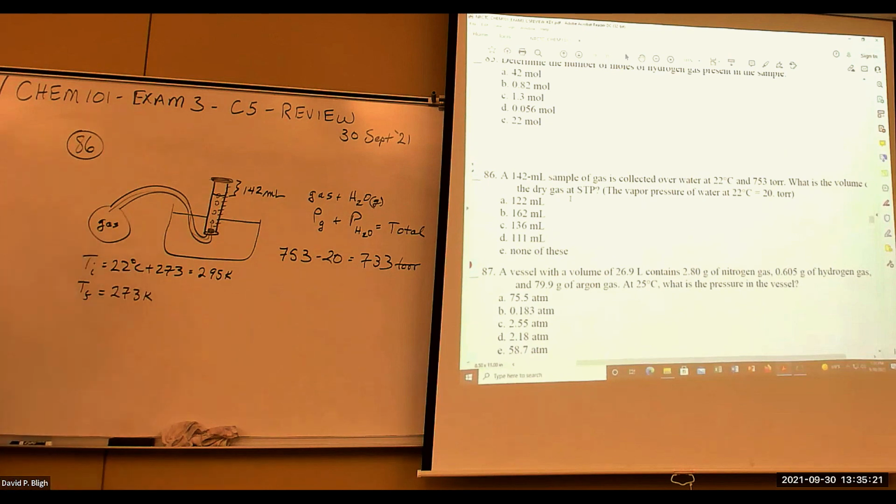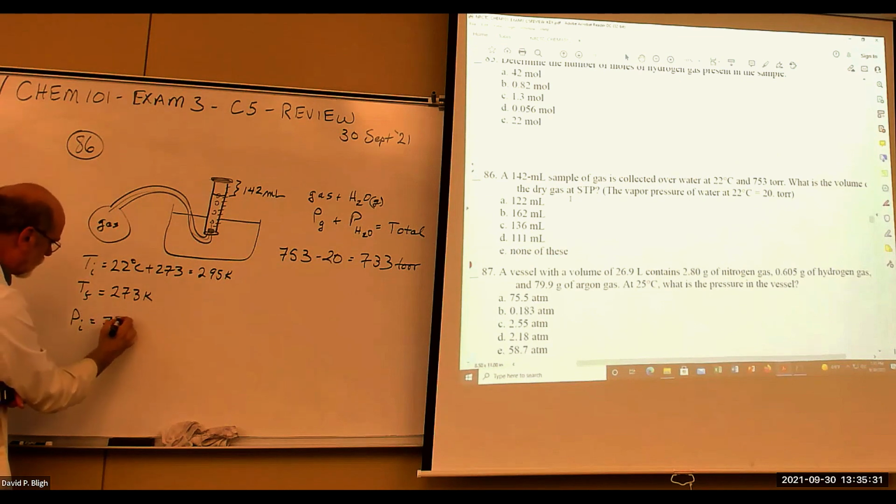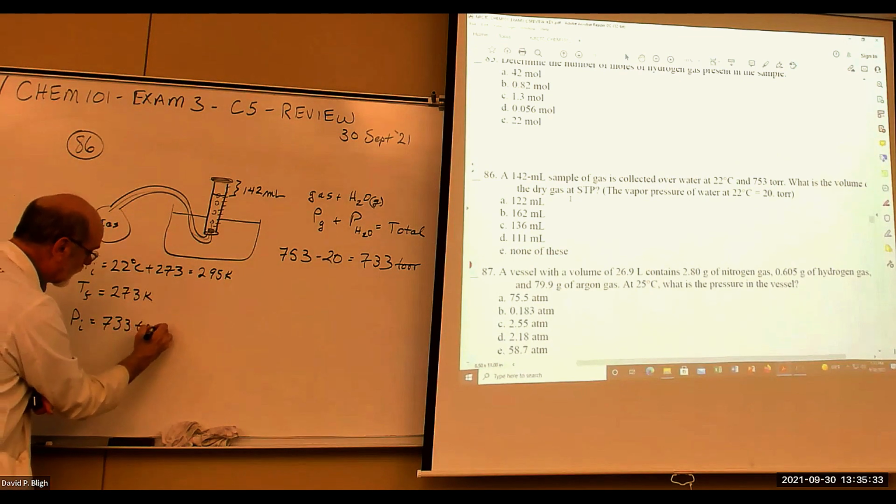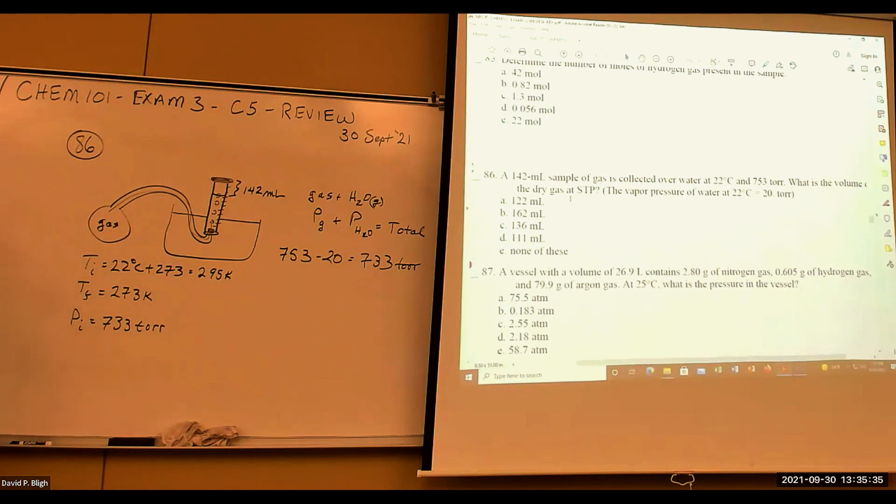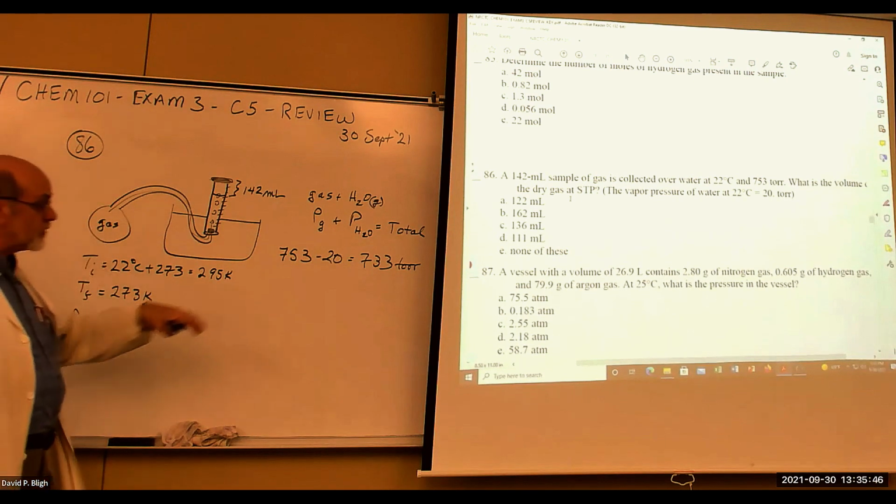So we do have a change in temperature. How about pressure? Well, the initial pressure is 733 torr. At this point, we can ignore the water vapor because these gases behave independently. That's what Dalton said. So the total pressure is equal to the combination of the two pressures, and you can treat them separately.